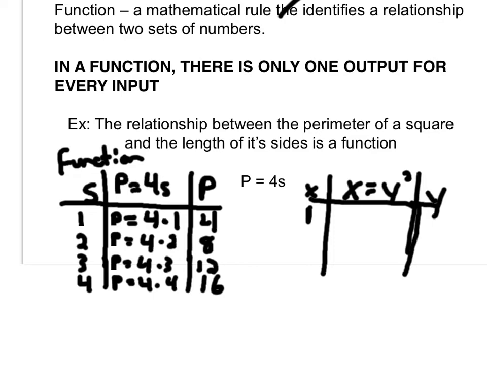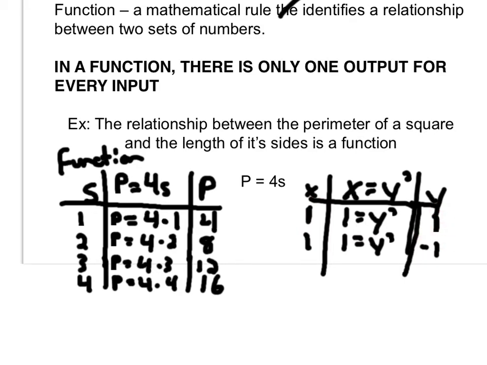Okay, and I want to know 1 equals y squared. So I want to know what number times itself gives me 1. Well, 1 is one answer, but I can also get 1 by taking negative 1 times negative 1. So if I put in 1 and say 1 equals what squared, I can also put in negative 1. So the number 1 has two different outputs. It can be 1 or negative 1.